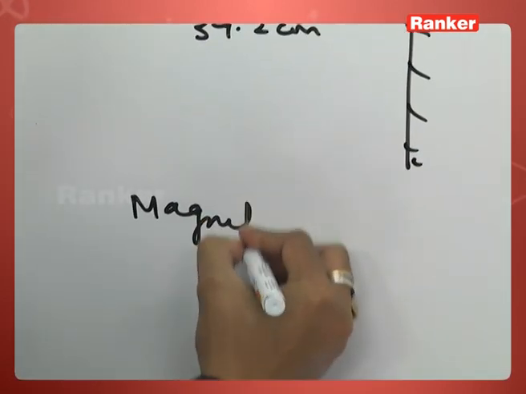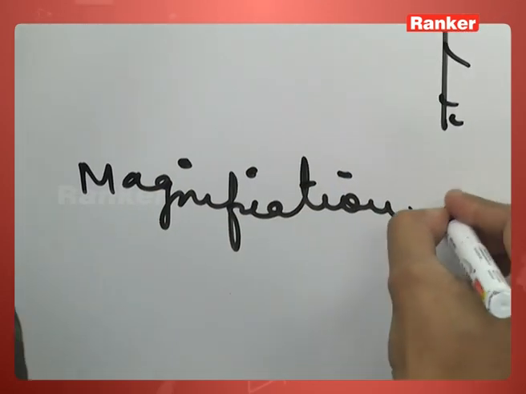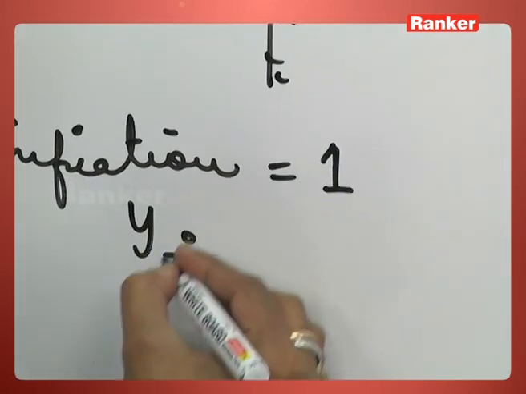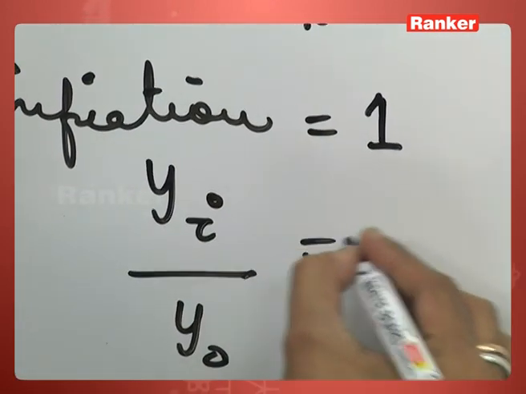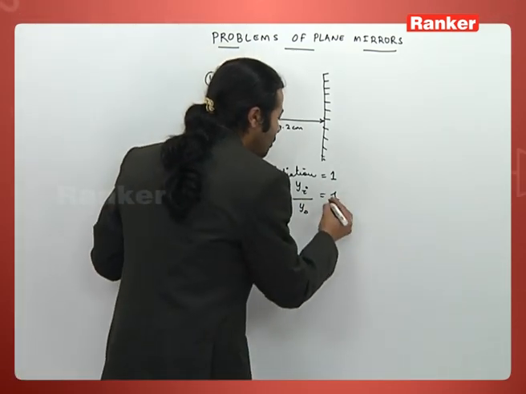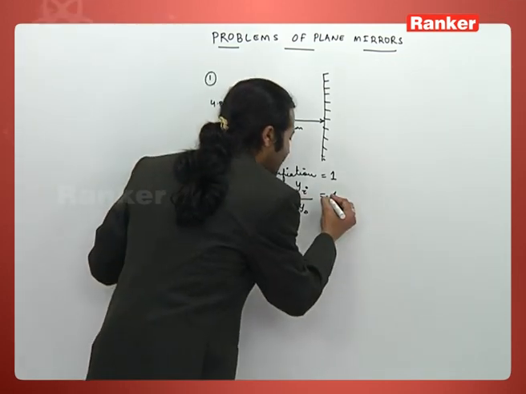Magnification is 1, that means height of image by height of object will be equal to 1. Exactly not 1, it will be laterally inverted, so we can say -1.